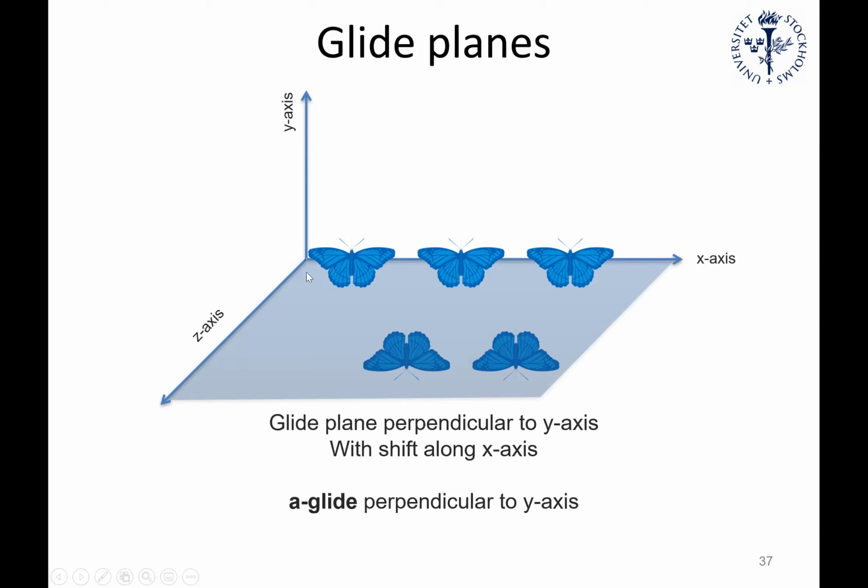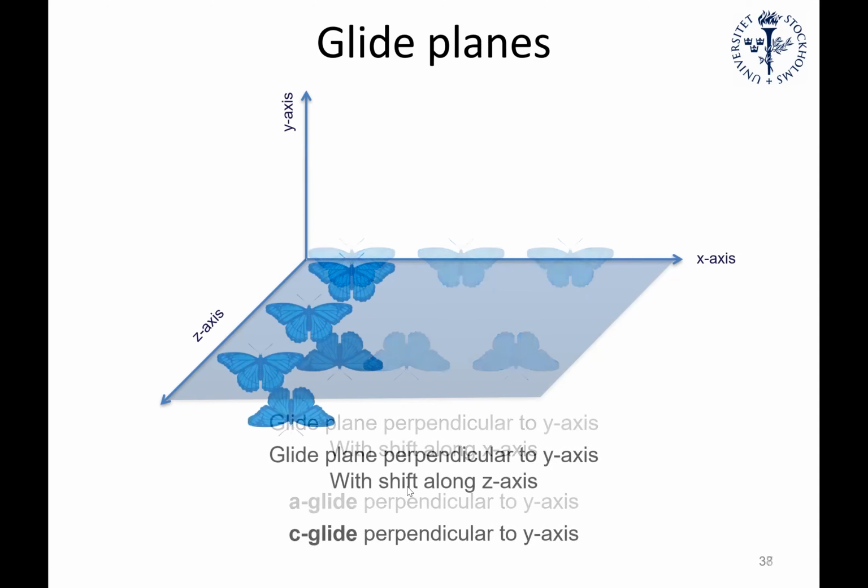You see this plane that I've drawn here, it's in the XZ plane, and it's perpendicular to the y-axis in this particular case. So why is it called an A glide? The A indicates which direction the translation occurs along. In this case, the translation is along the x-axis, half a unit cell along x. So that's why we call it an A glide.